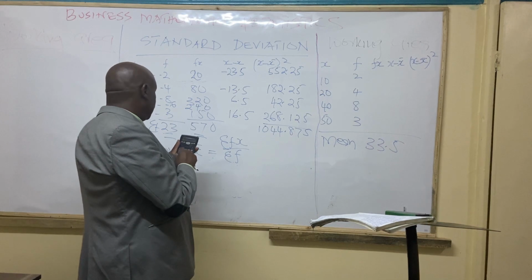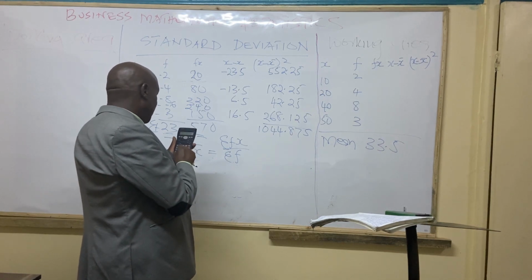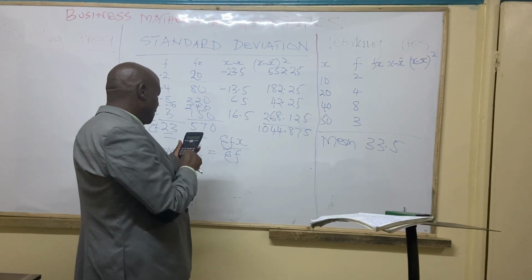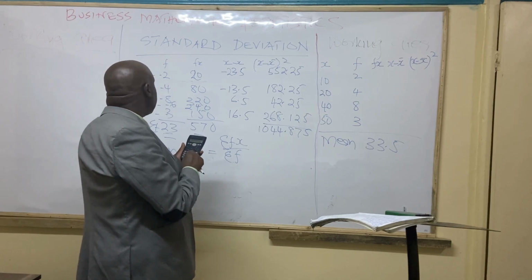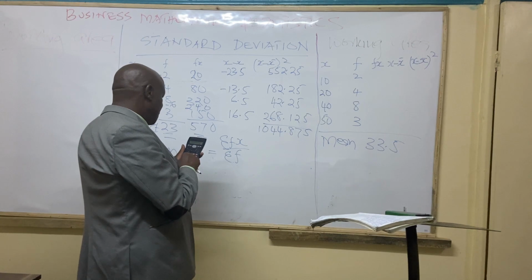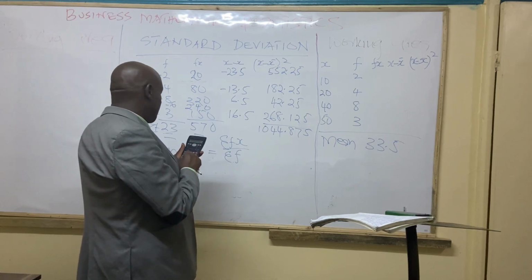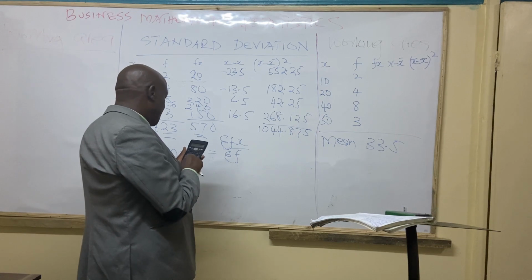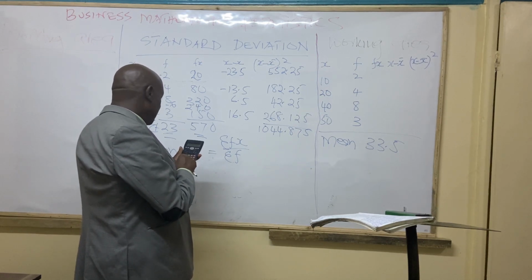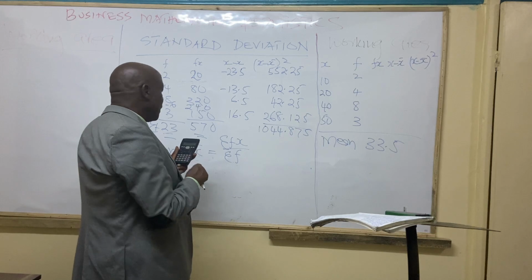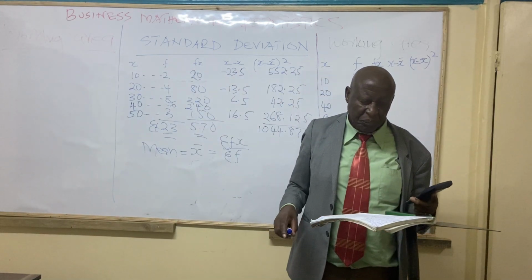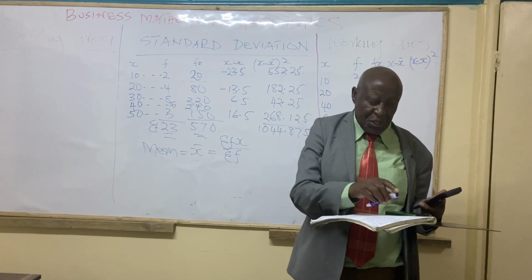We say 20 plus 80 plus 320 plus 240 plus 150. It will be 810.